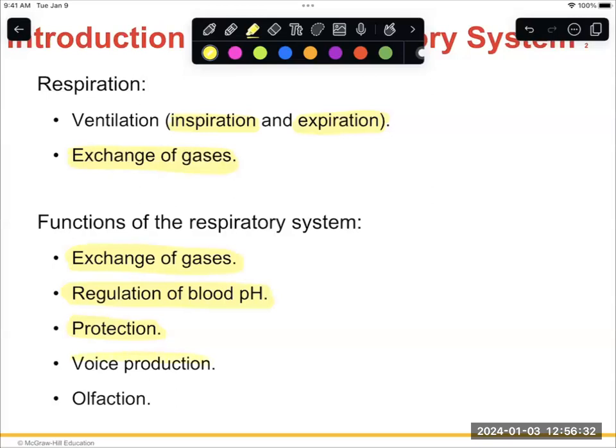And then voice production. Movement of air in that larynx across those vocal cords will produce sound. And then olfaction, that smell. In our nasal cavity there's upwards of 12 million receptors for smell.